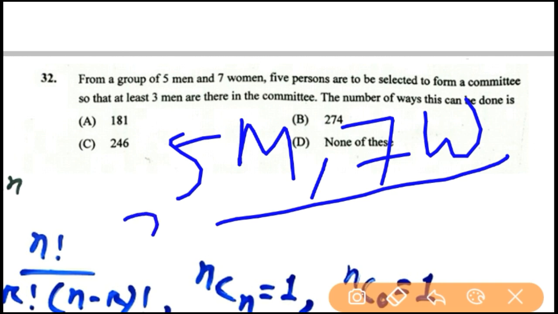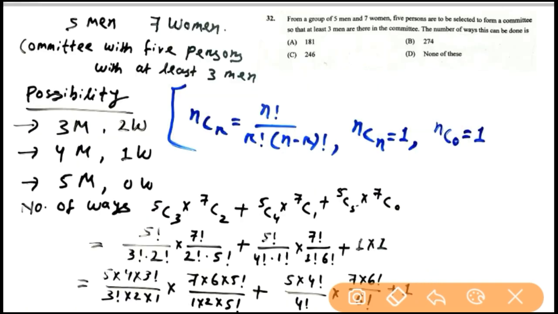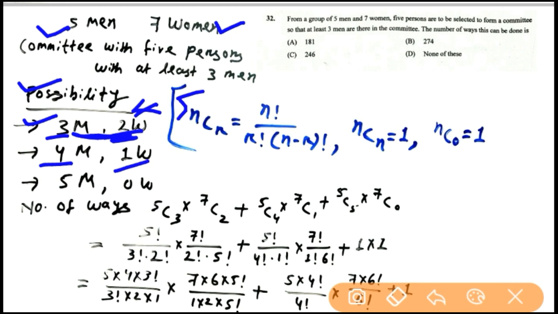At least we have 3 men. So what are the possibilities? We have to take at least 3 men. So by taking 3 men, we have 2 women. Total number is 5. Committee member is 5. So if 3 men, then 2 women. We will take 4 men, then 1 woman. If we take 5 men, then 0 women.